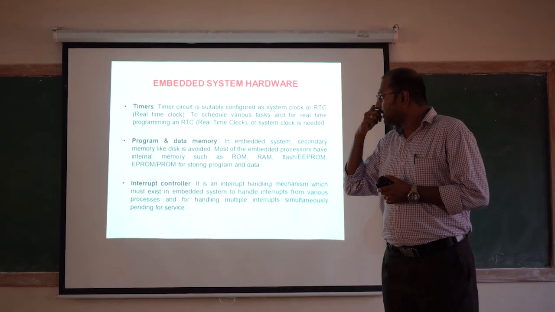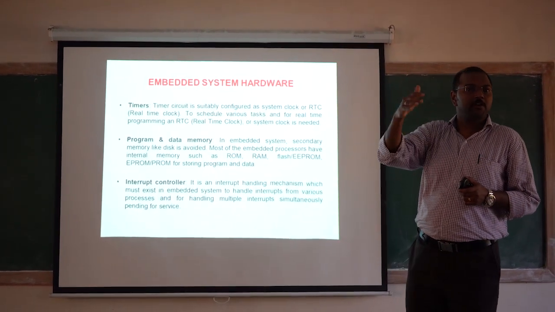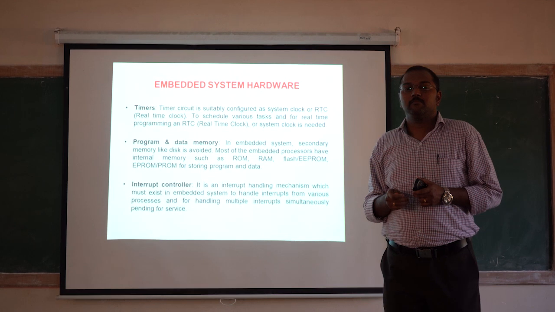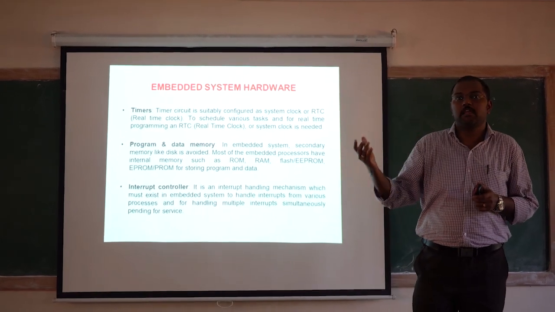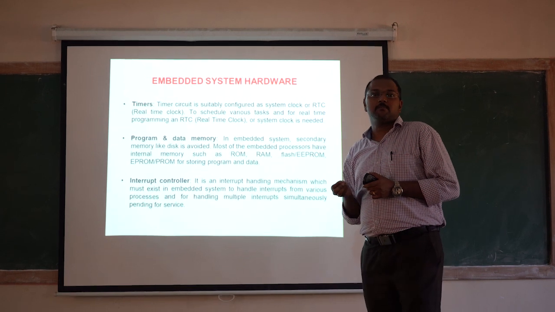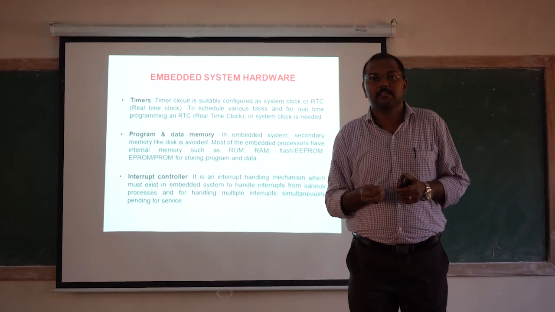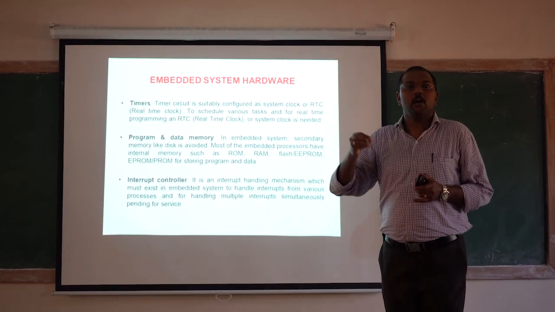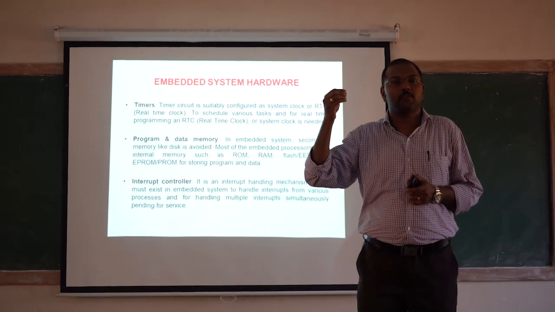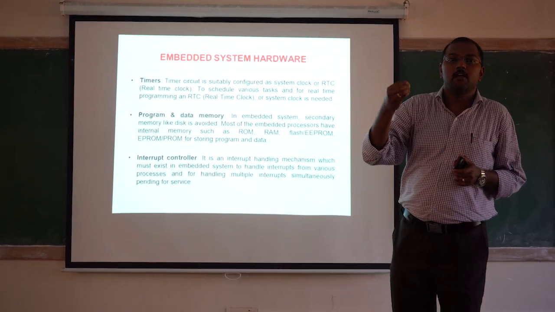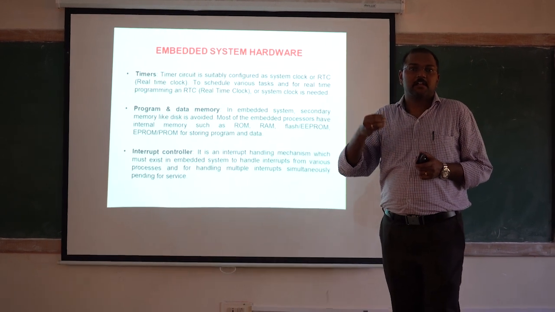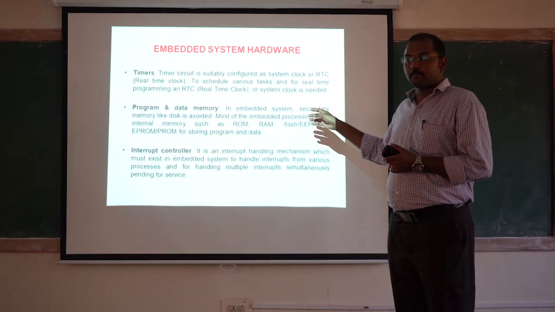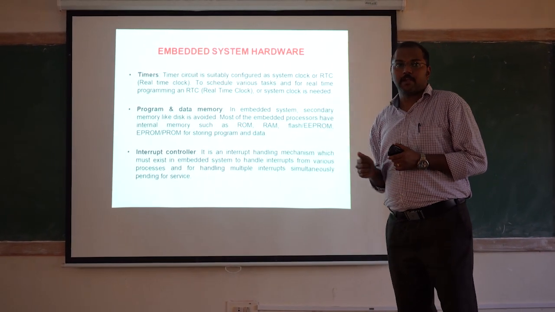Next will be the program and the data memory. You people have already noticed what is called a program memory and what is called a data memory. You may be aware of volatile memories and non-volatile memories. Volatile memory is nothing but, if you turn off the power supply, the memory will be erased. Non-volatile memories retain data even if the power supply is not there. So here in embedded systems, the secondary memory like this is avoided.